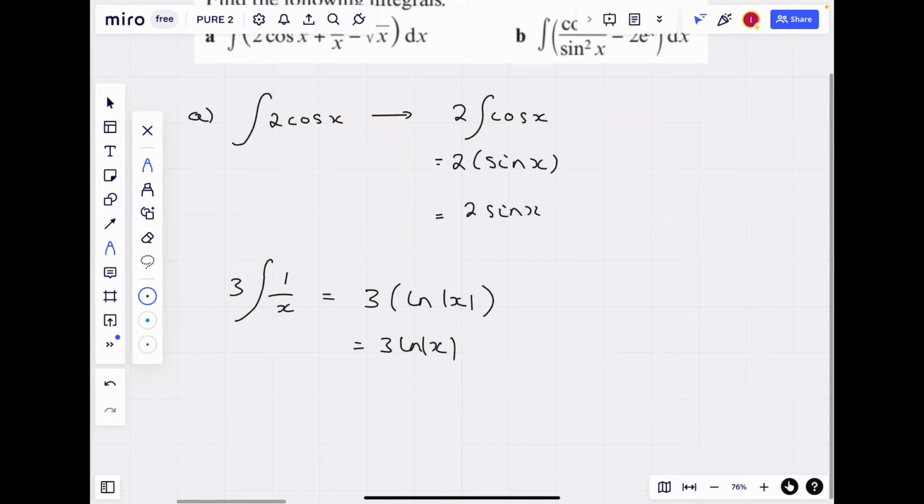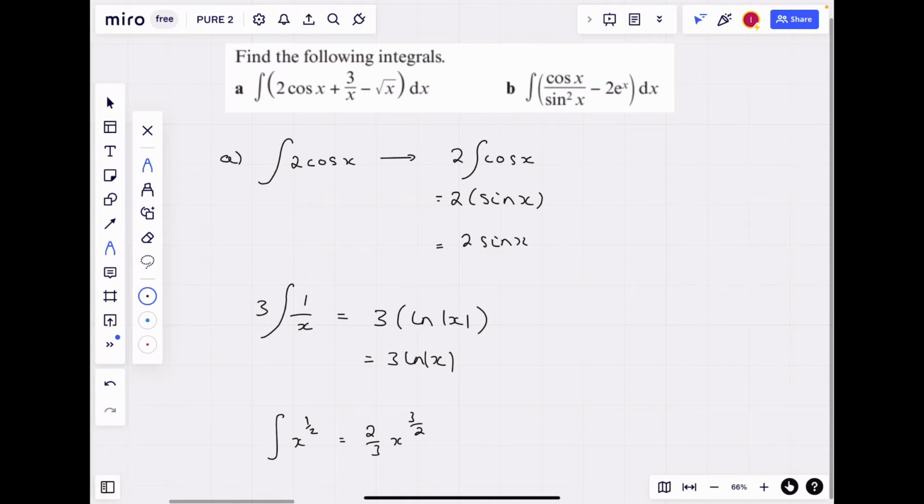The last one, root x is the same as x to the power of a half. You add 1 to the power, you then divide by that power, so you get 2 over 3 x to the power of 3 over 2.